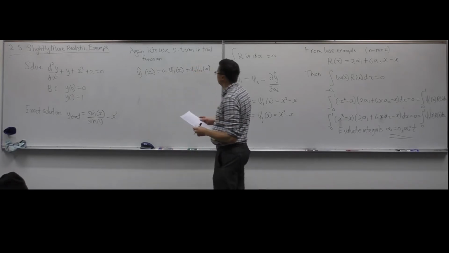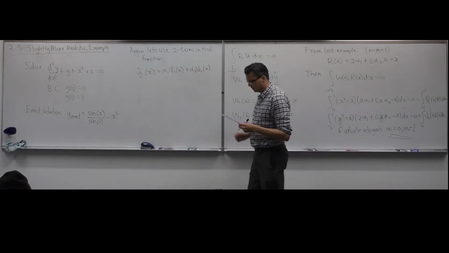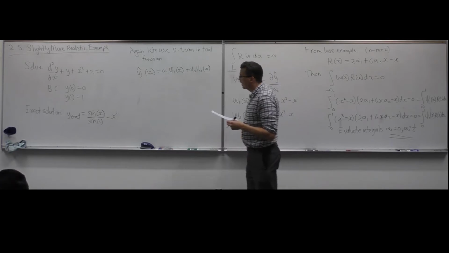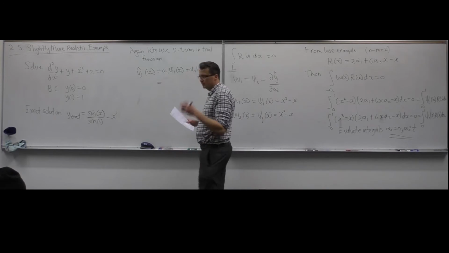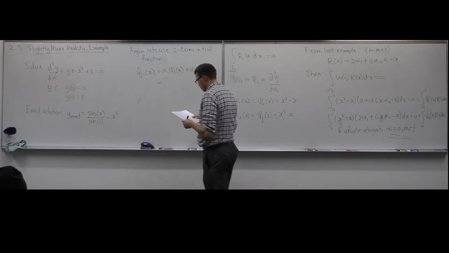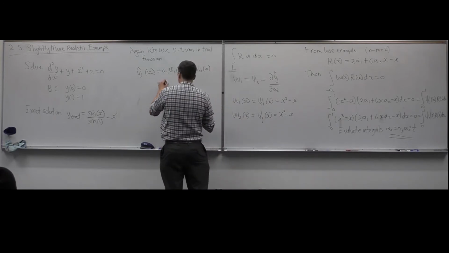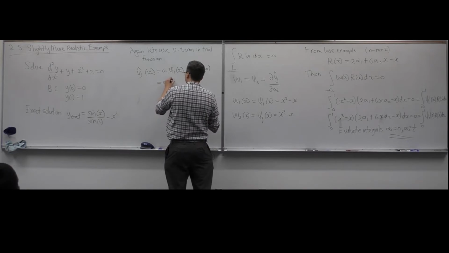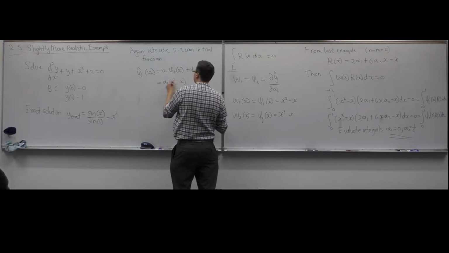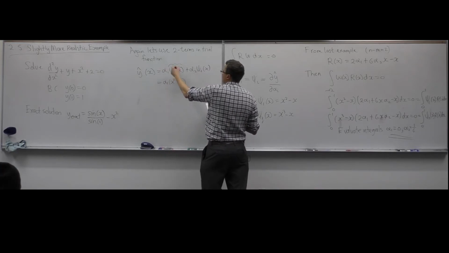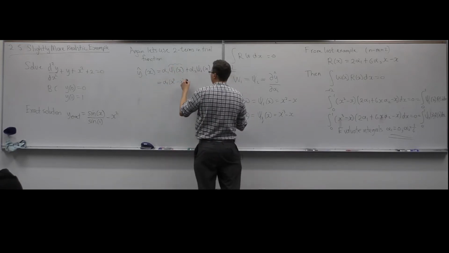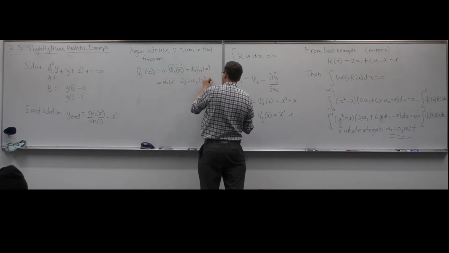Okay, so we can choose what our trial function is. But I'm going to suggest that we try having the same type of equation. So x squared minus x for the basis function 1 plus alpha 2 x to the 3 minus x.